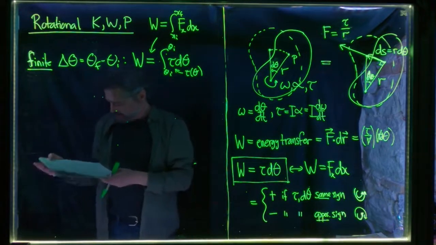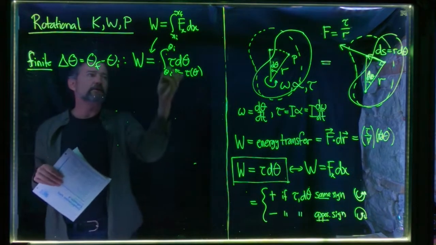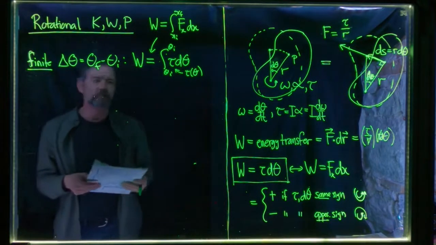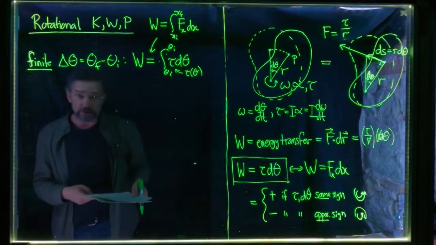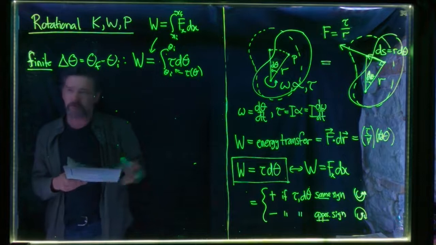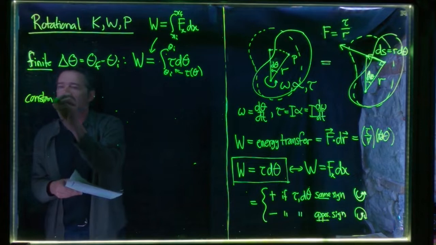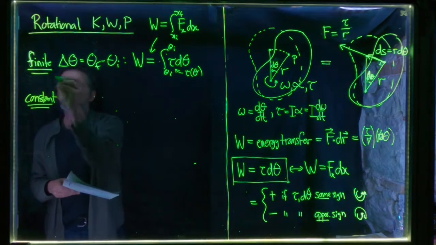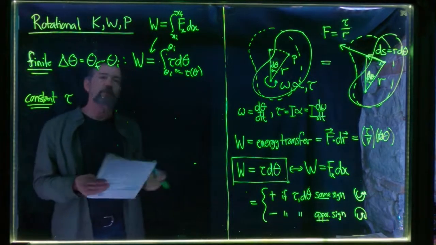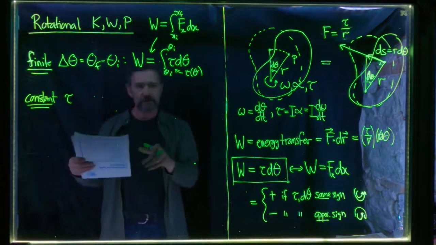Okay. Now, in the special case that the torque here is constant, we can pull it outside of the integral. And then we don't have to do a complicated integral, and the result is really easy. And that's why we like to have situations in Phys 121 where the torque is constant. Okay, so for constant torque, when we apply a constant torque, this rigid body will undergo a constant angular acceleration, alpha.